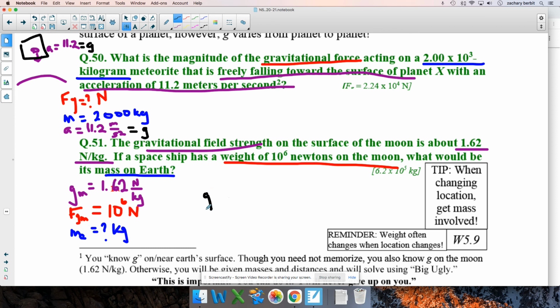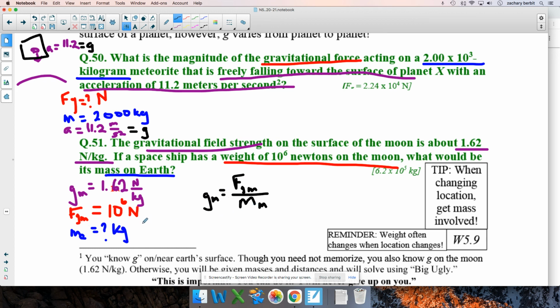When you use your equation, g is Fg over m. A general rule of thumb is your equation should have coordinated givens. If you're going to plug in g for the moon and Fg for the moon, then you're going to get out mass on the moon. And of course, these are easy numbers. Put your 1.62 here, put your million here, cross multiply, get your mass on the moon.